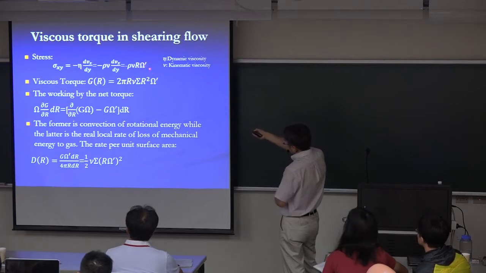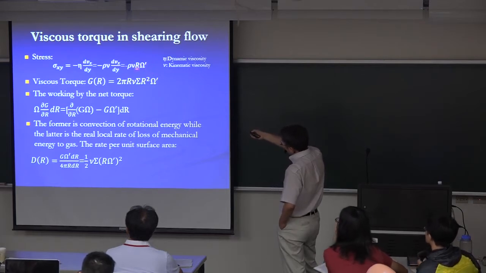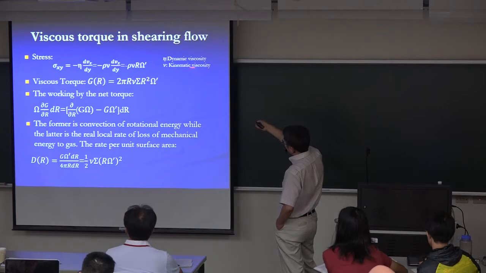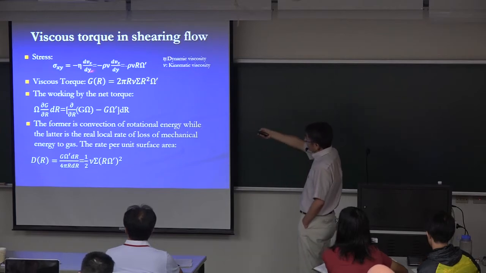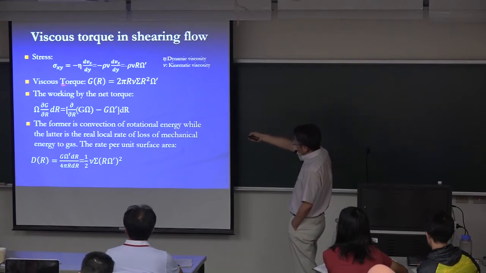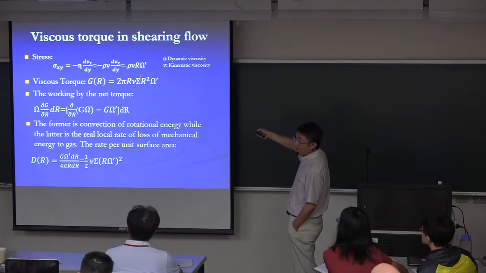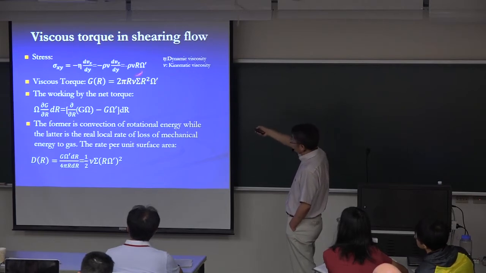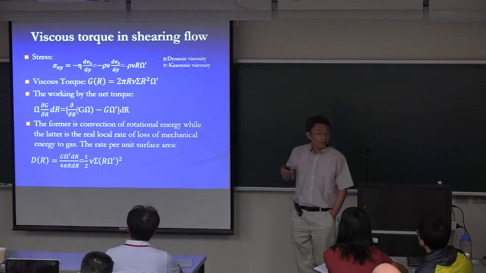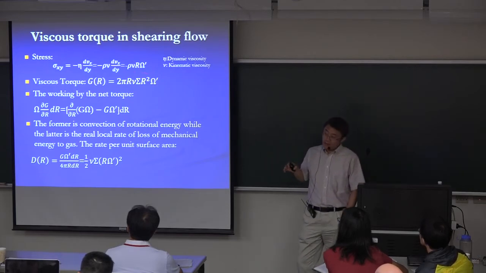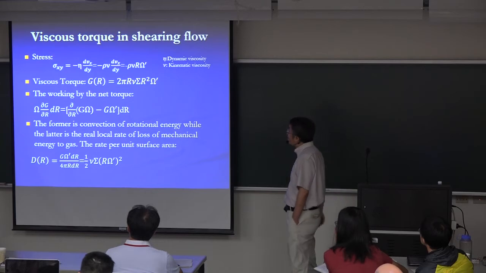This is omega, the angular velocity, r is the radius, and this is the kinematic viscosity. From this stress, we can obtain the viscous torque, because this is the force per unit area, so times the area and the radius, we have the torque. All these equations you can find in the textbook, so if you cannot figure it out immediately, it does not matter.